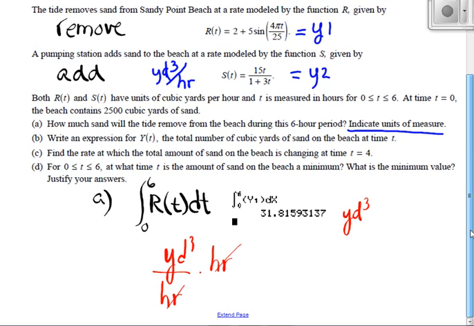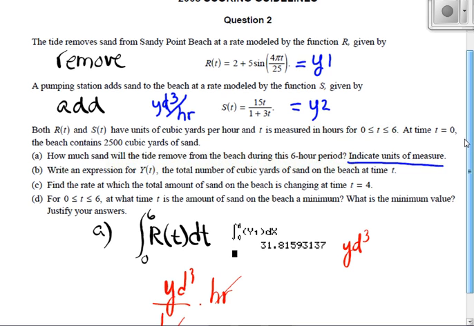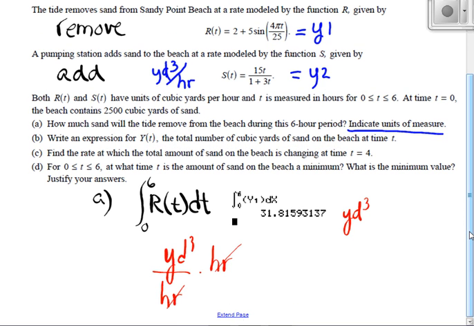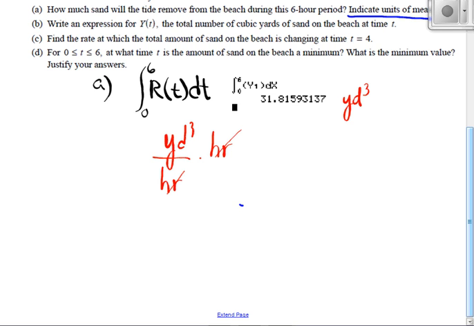It says I want the total number of cubic yards of sand at any time on the beach. So how much sand do we start with? 2,500 cubic yards. Okay, so for B, you should be ahead of me actually, because remember, I'm not just doing the problem, I'm teaching it. So y of t is equal to 2,500, and then what happens?